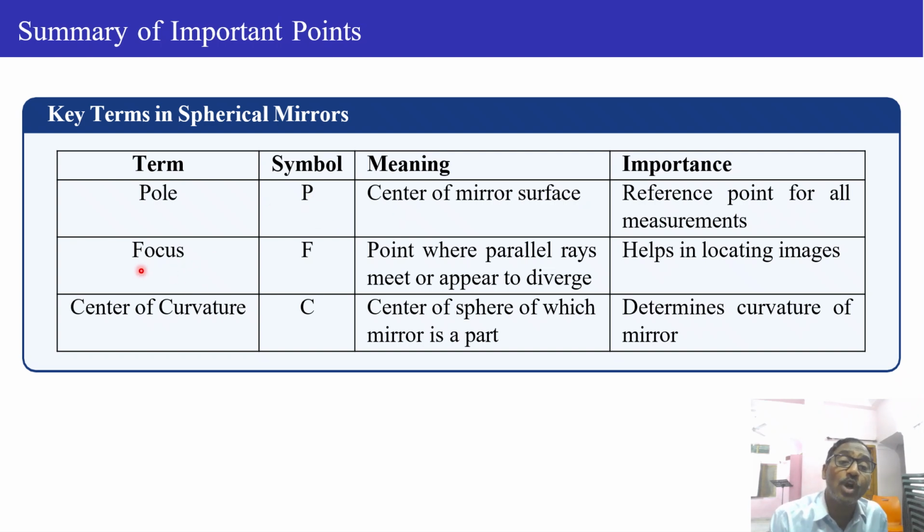Now coming to focus F. What is this? Point where parallel rays meet or appear to diverge. So the focus is the point where parallel rays meet or appear to diverge. So this focus helps in locating images.